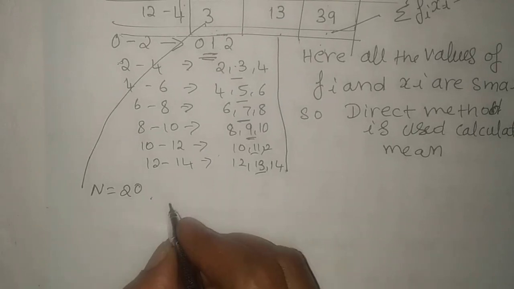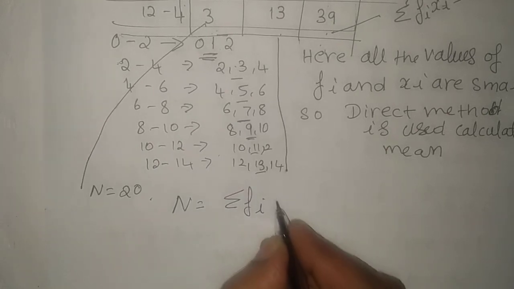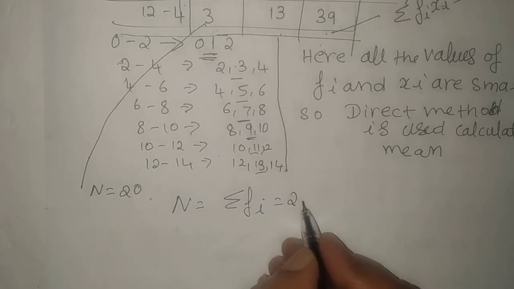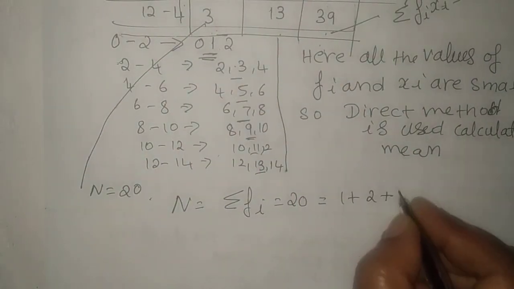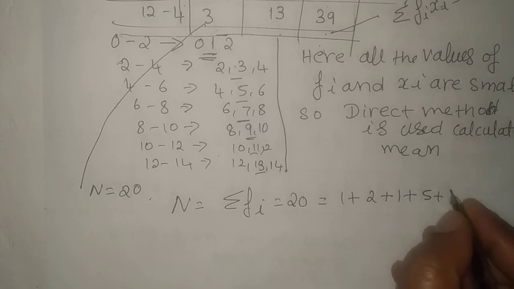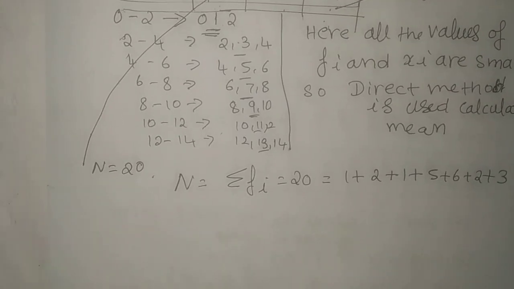Now we have the formula n is equal to sigma fi is equal to 20, means adding all this, that is 1 plus 2 plus 1 plus 5 plus 6 plus 2 plus 3 will be equal to 20.